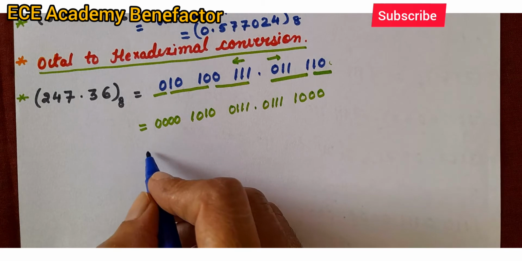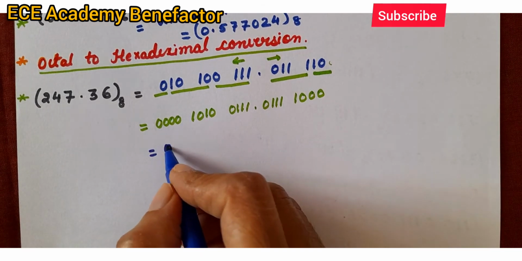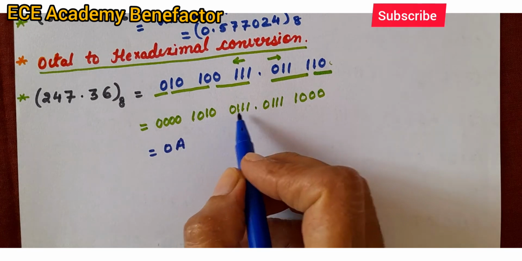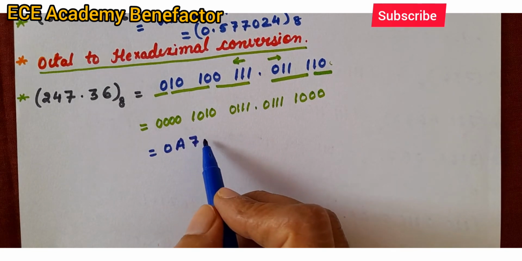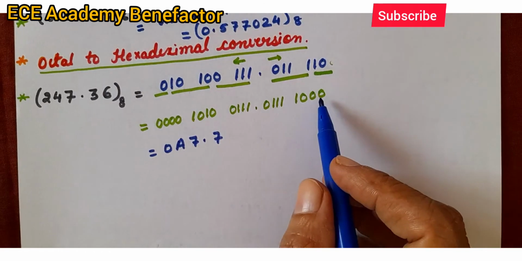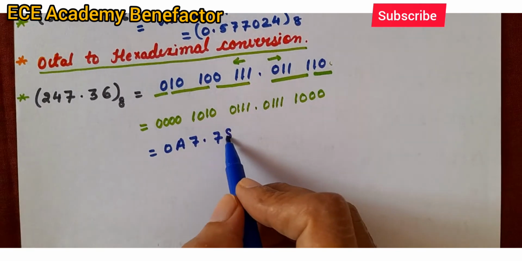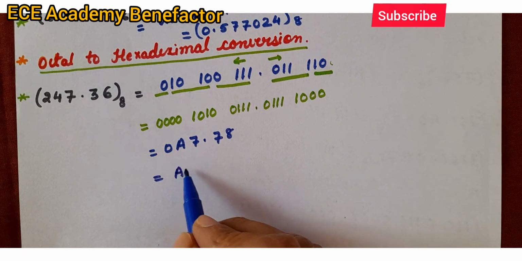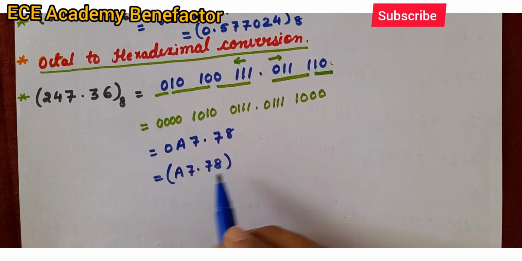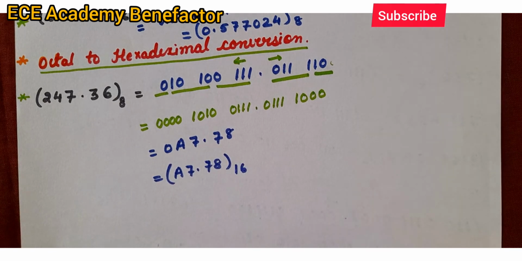So 4 zeros is 0, 1010 is 10, that is A. 1001 is 9... The grouping gives A7 dot 78. This is the hexadecimal number.